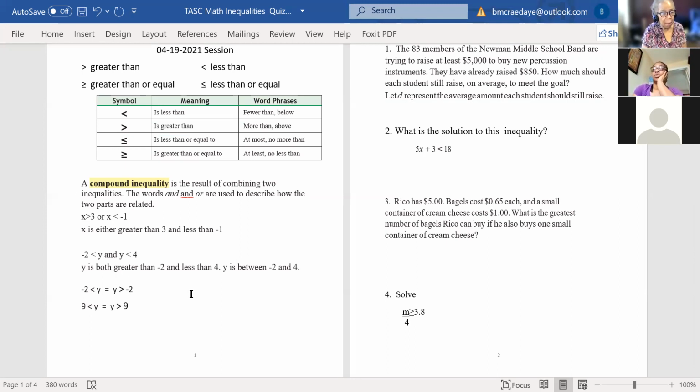It could be a compound, where you combine two inequalities and they're connected by either or and. We have one you can practice within number 4.